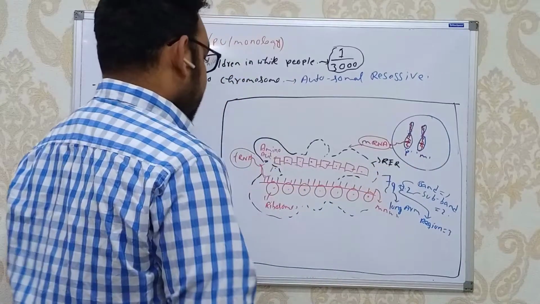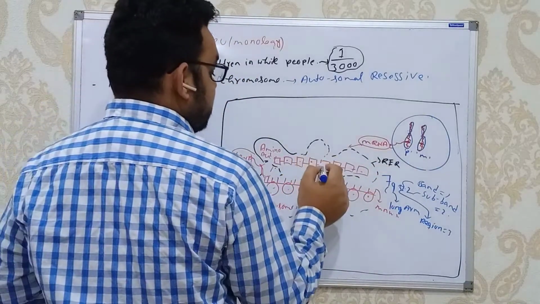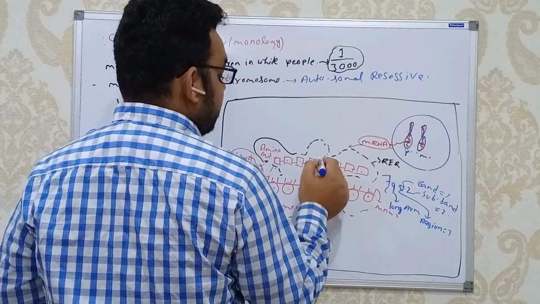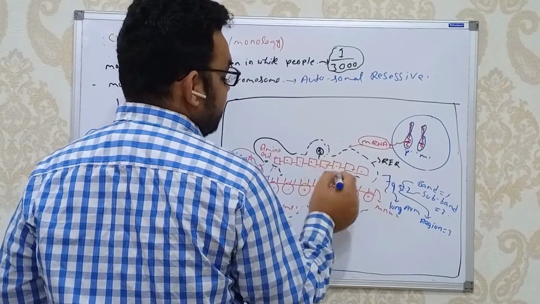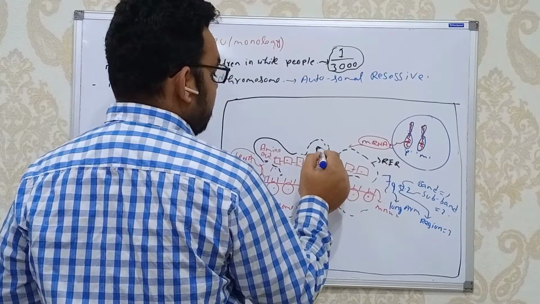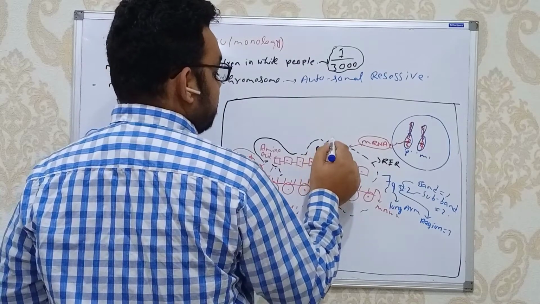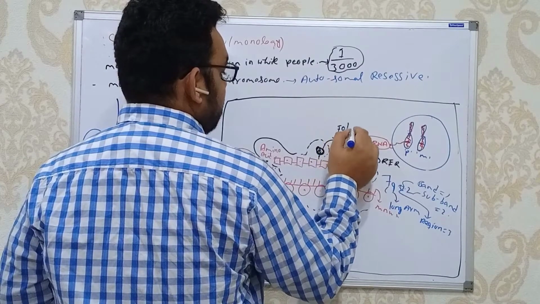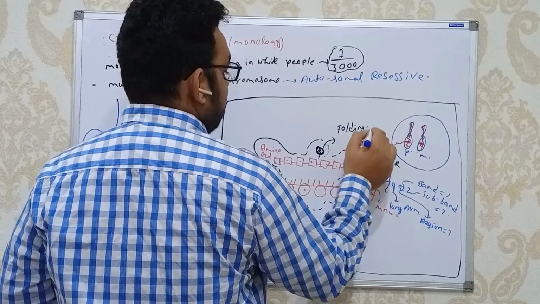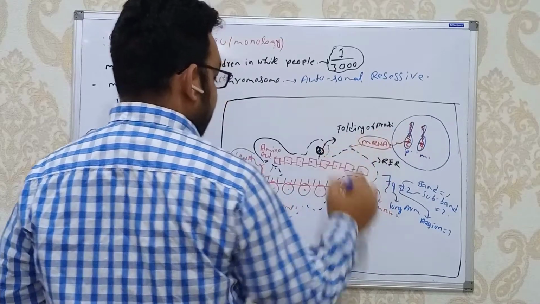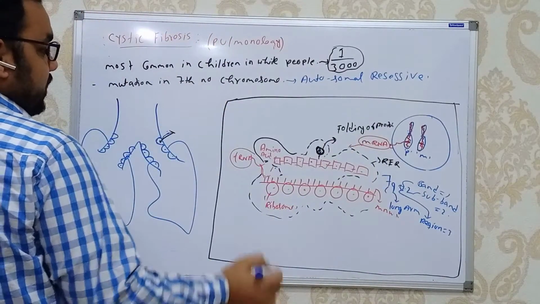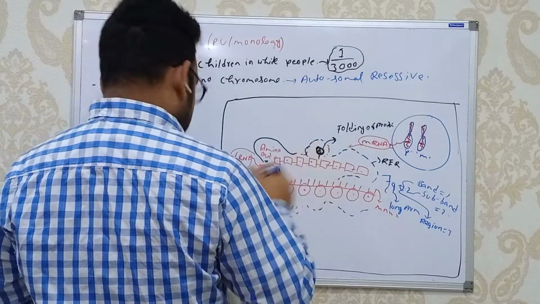After it is taken in, there will be proper folding. Let's suppose we got this protein, I'm denoting it with a red one and a black one, and there will be proper folding of the protein.